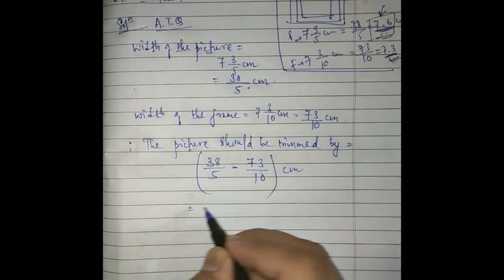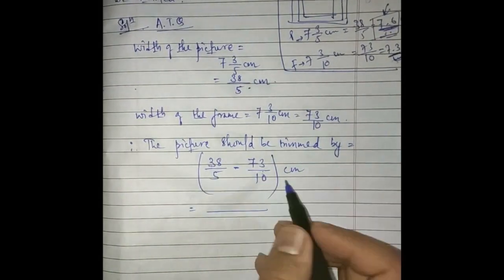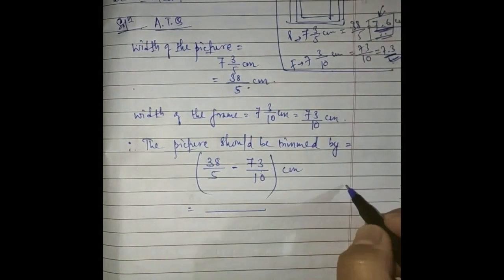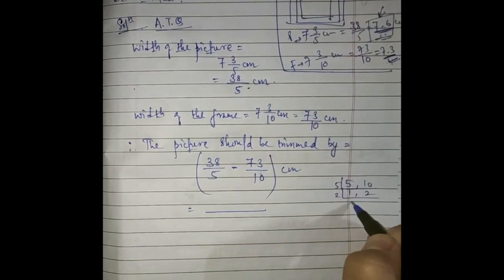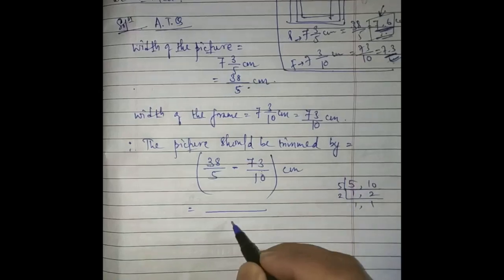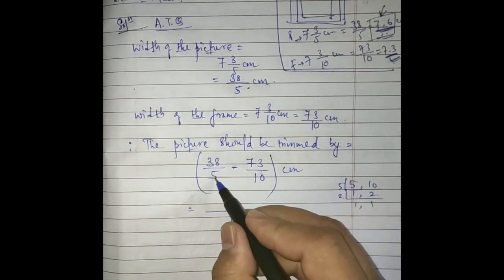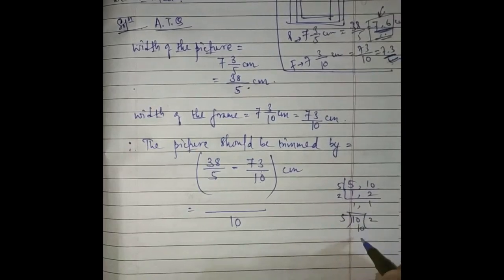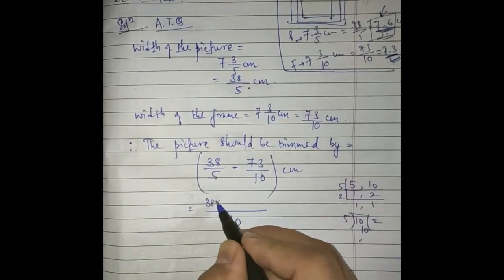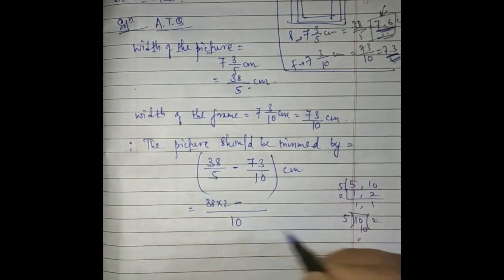Centimeter. Now you all know how to do this, isn't it? Whenever there is subtraction or addition, what do we have to do? We have to do the LCM first. 5 1s are 5, 5 2s are 10. So our LCM is 10. Now divide this denominator into this LCM. It is 2, right? 5 2s is 10. So 2 into 38, minus 10 divided by 10 is 1.